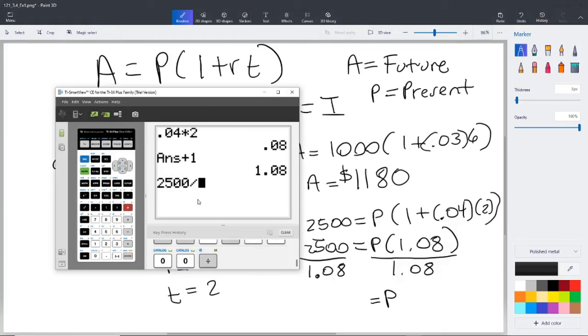Instead of putting in 1.08 again, I could hit the second button, and then hit the negative sign here, and it should say ANS. ANS is the last number that we had on here. So effectively it is 1.08. And then I hit enter, and it tells me it's going to take $2,314.81.